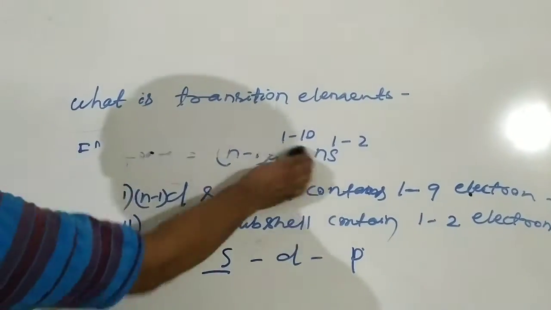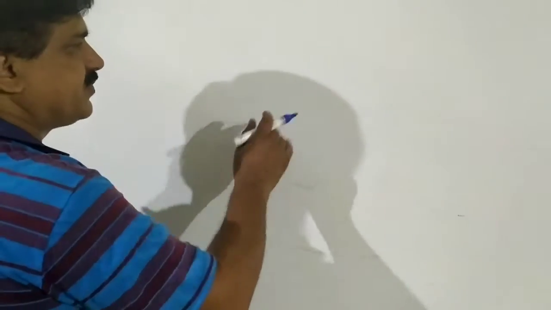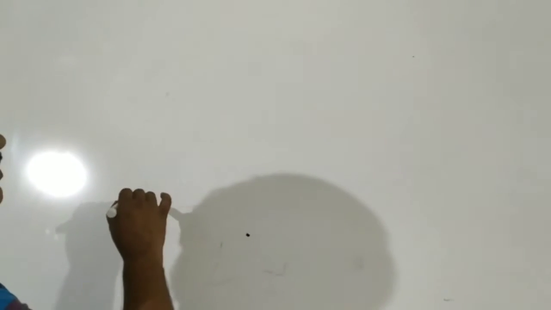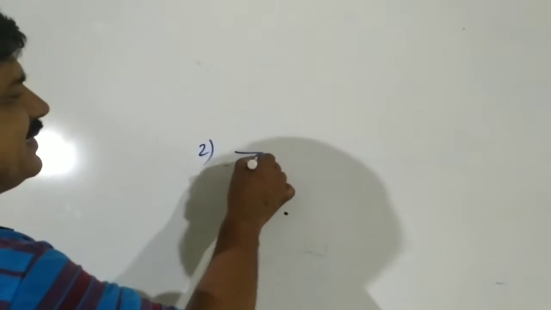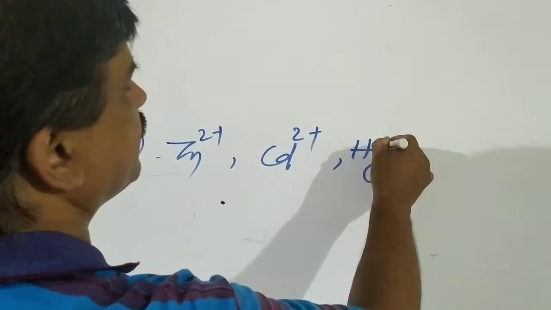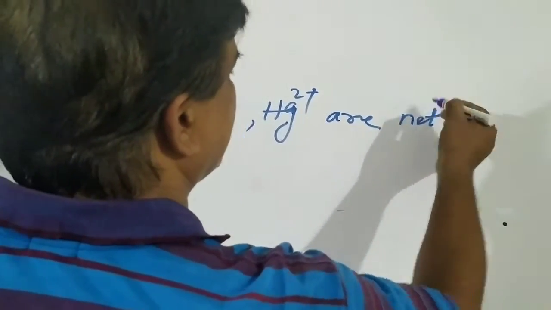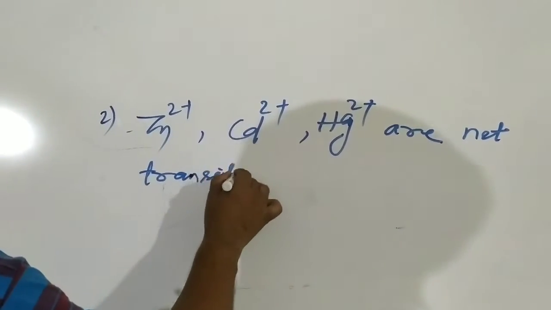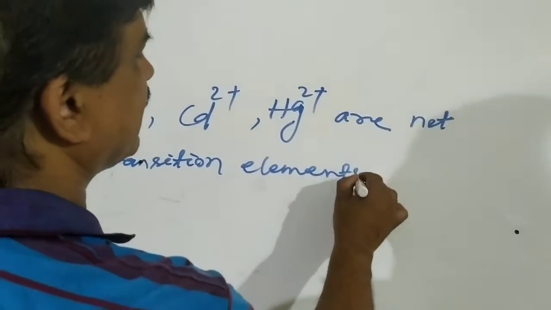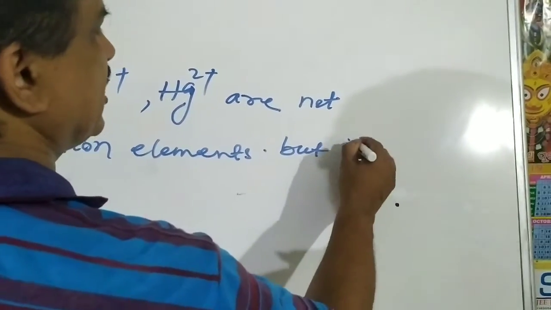Another question, second question: zinc, cadmium, mercury are not transition elements, but they are included in the series.